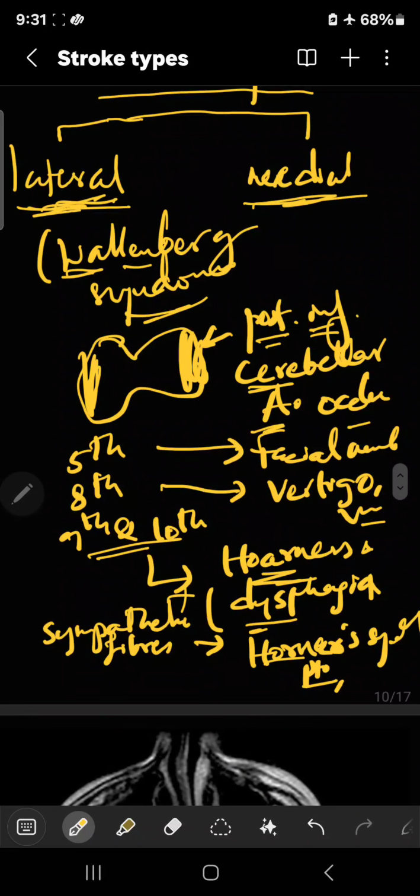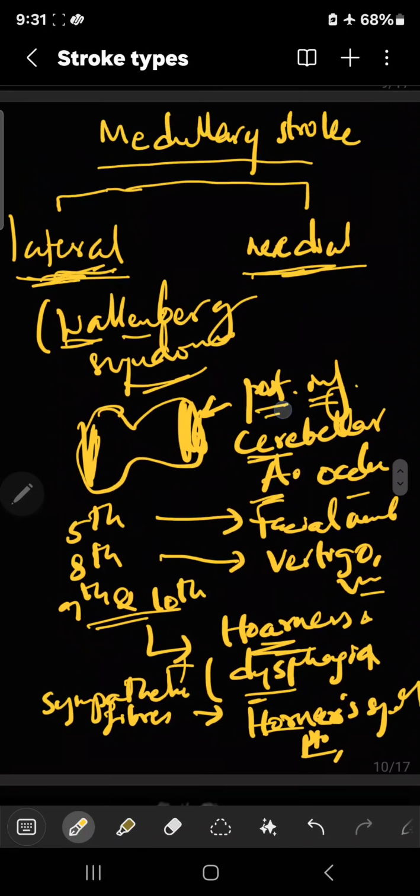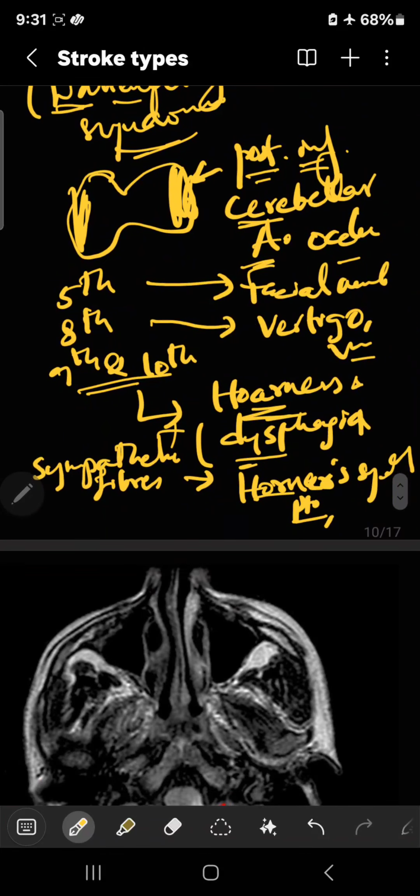So lateral medullary stroke or Wallenberg syndrome involves the 5th, 8th, 9th and 10th cranial nerves and the sympathetic fibers. With the 5th cranial nerve gone, there is facial numbness. With the 8th, the patient will have vertigo, vomiting.